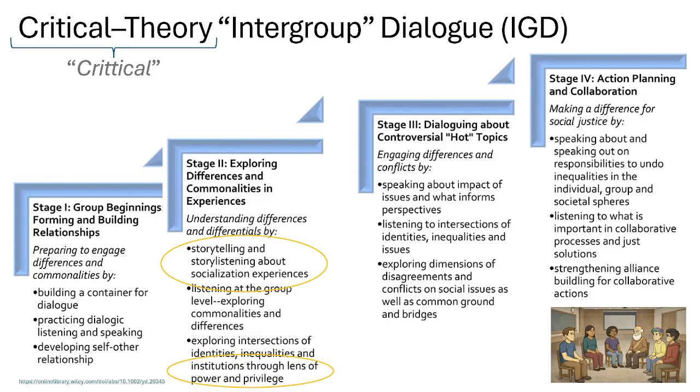This type of dialogue requires that you look through a certain type of lens, a critical theory lens, depending on what kind of conversation you're having, what the topic is. The lens might be adjusted differently to accommodate the different identities that are involved. But the ultimate goal is to work together to come to common ground on what could help fix problems that you've identified as a group.